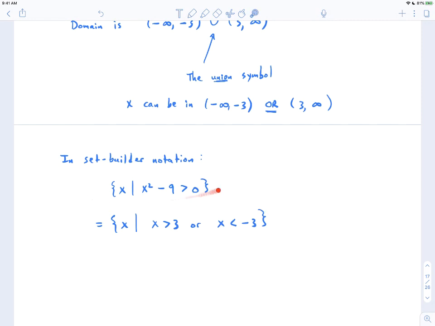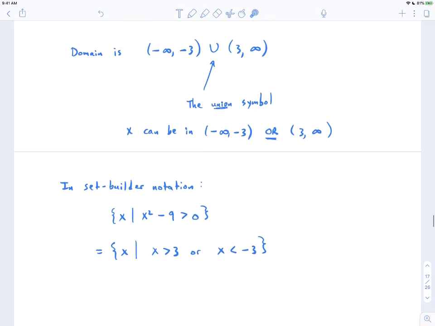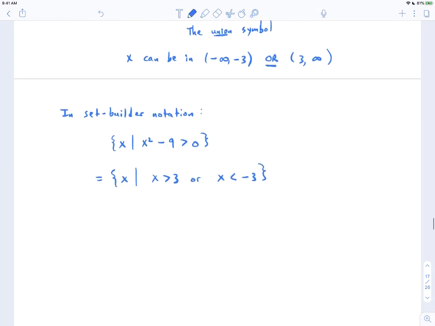So this is a much more informative way of writing it. Because if you write it like this, it's not immediately clear what values of x are allowed. If you write it like this, then it's very clear. So this is just the same thing as writing it in interval notation like this. So the corresponding interval notation is negative infinity to negative 3, union 3 to infinity. And again, I'm using parentheses here because we have to exclude the endpoints.